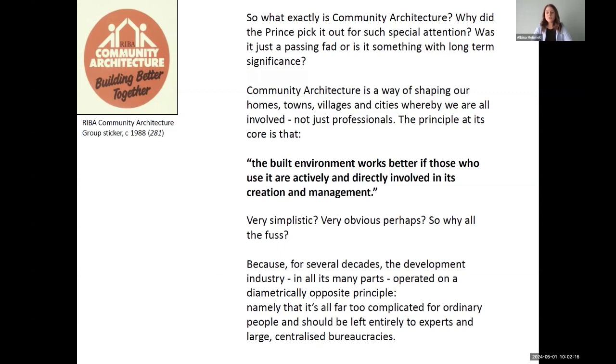The development industry in all its many parts operated on opposite principles, namely that it's all far too complicated for ordinary people and should be left entirely to experts. It's not true. Many people can benefit from community architecture, and there don't have to be professionals. It can help shape our homes, towns, villages, cities, and so on.